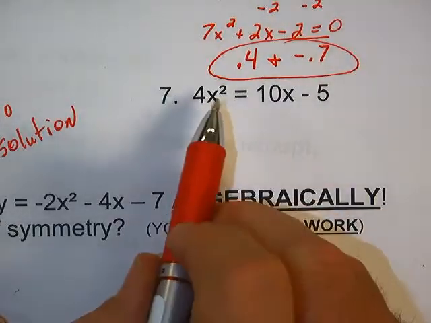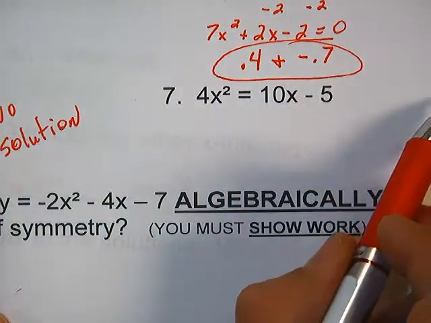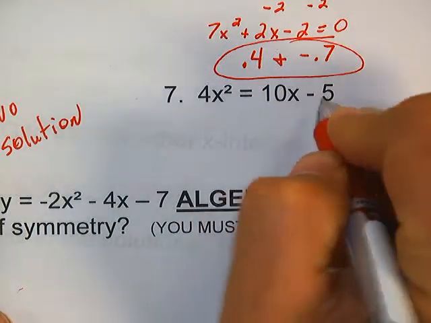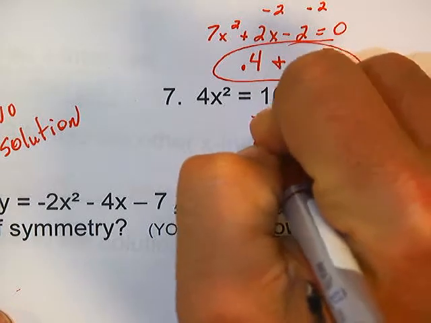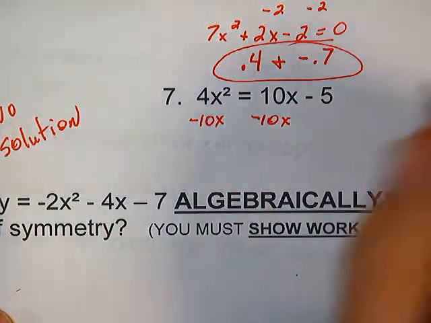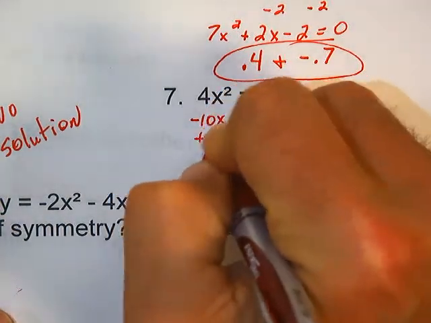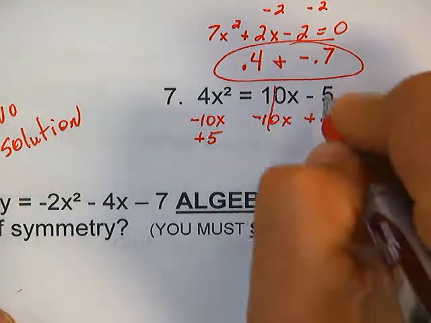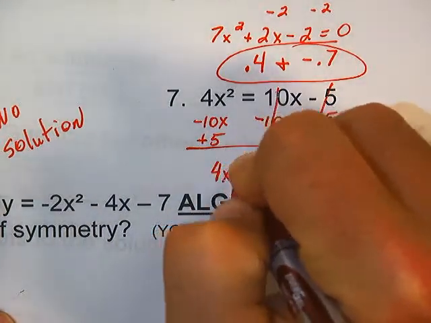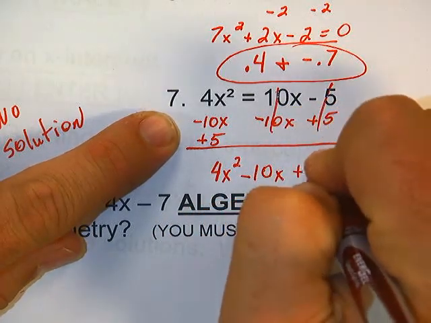Then the last one, number 7. Now we could either move the 4x squared over here or move everything to the left. Now, how would I move this 10x to the left? By subtracting it. How would I move this negative 5? Okay, so now we have 4x squared minus 10x plus 5.